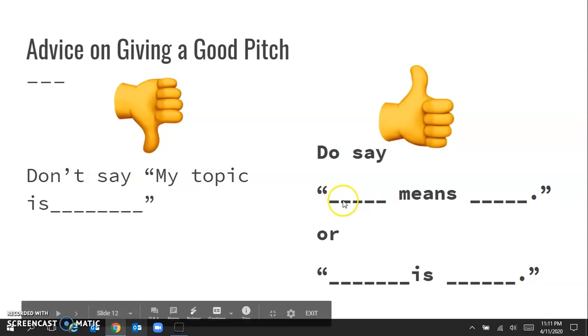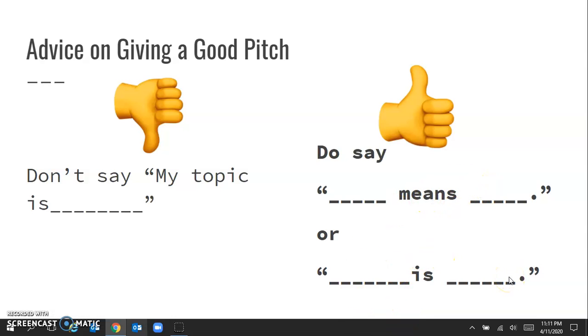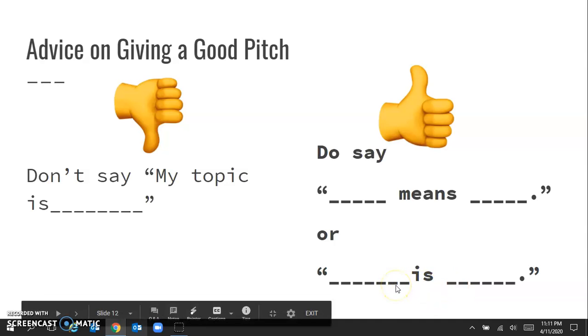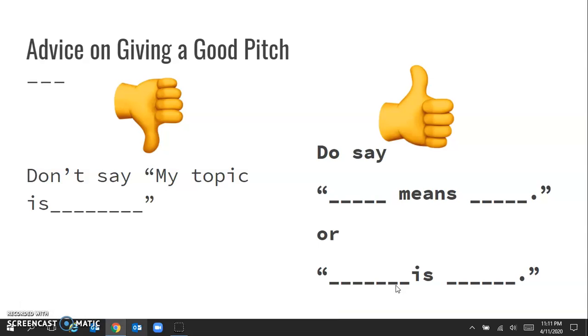So by saying the topic and saying what it means or saying what it is, my audience now understands what my pitch is going to be about. So first, I say my hook, and then I describe the definition or explanation of my topic.